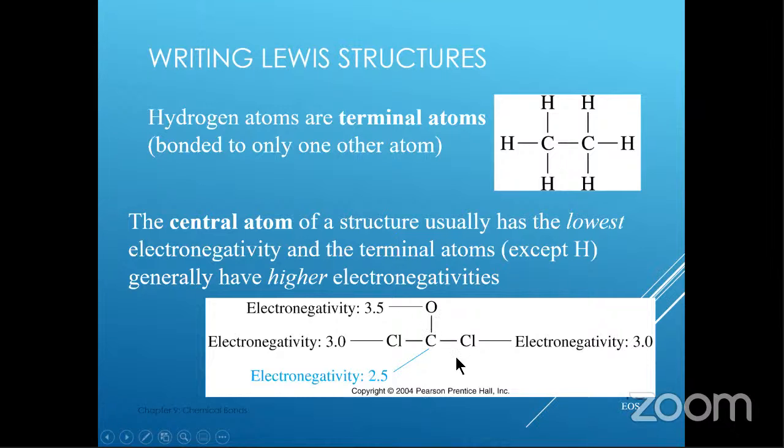You have oxygen, which is 3.5, and you have chlorine, which is 3.0 here and here, all right? So when you're putting the structure together, you try to make sure that the least electronegative element is placed at the center of the arrangement, all right?